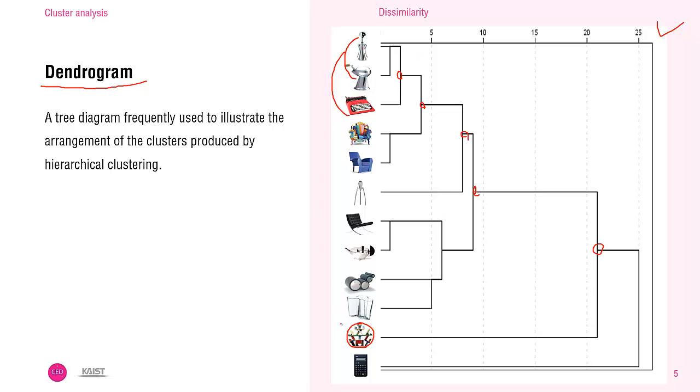For that, you can take a vertical slice through the tree diagram and see what groupings that creates. For example, this dendrogram shows a 3-cluster slice. The vertical line intersects 3 horizontal lines. In this case, Dieter Rams's calculator seems to be assessed as a quite unique design.